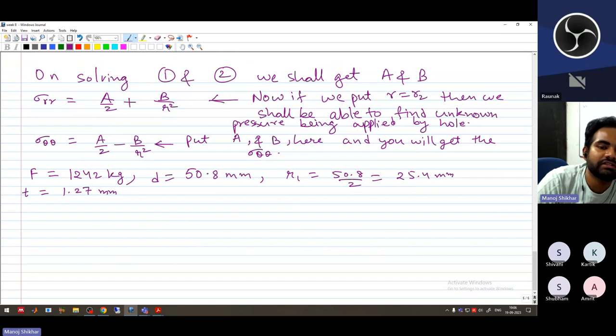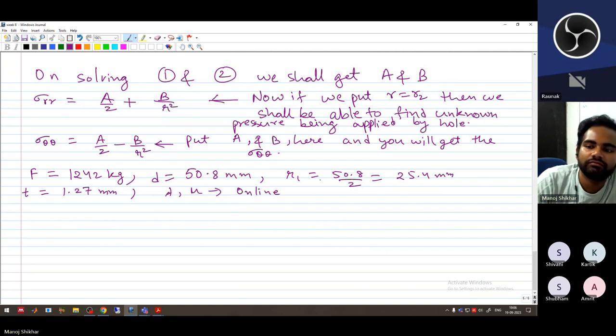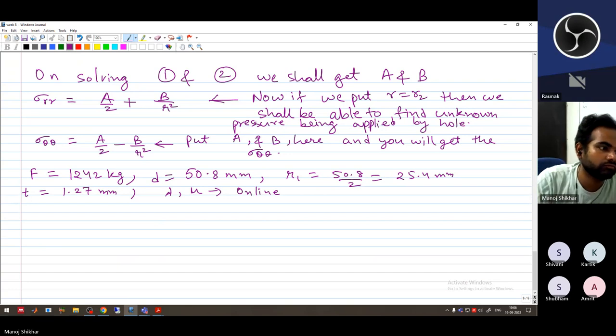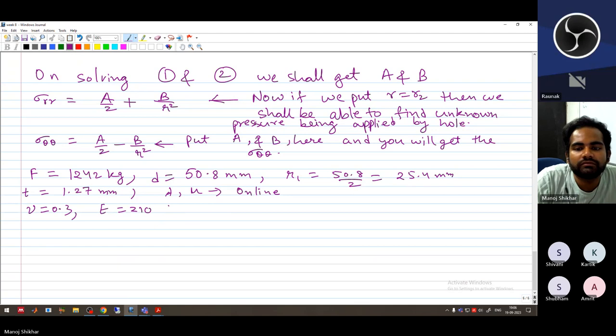They've given you a steel, so you can find the values of lambda and mu online. You can search this. Or you can consider these values. Mu equal to 0.3, E equal to 210 GPa.